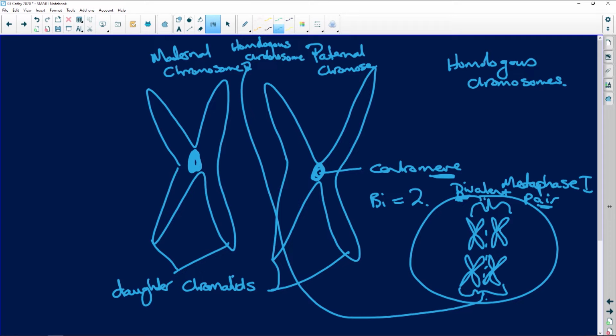So when you talk about homologous chromosomes, that means that they are a pair. Or you can call them bivalent. So I hope that clarifies that one. Some textbooks call them bivalent chromosomes or bivalent chromosome pairs. Homologous chromosomes is the easiest, best way, and all your best textbooks call them homologous chromosomes.